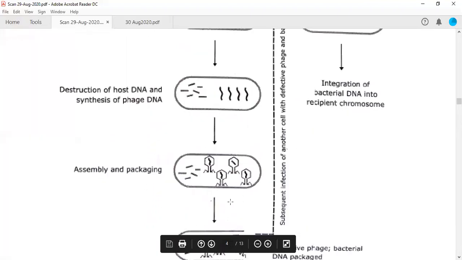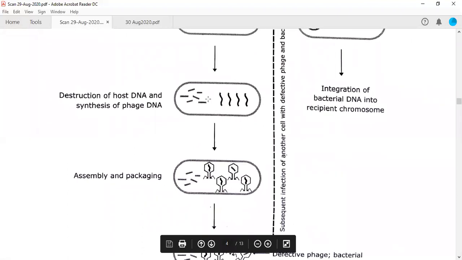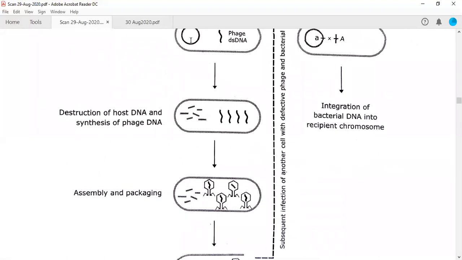Now you will note that when the assembly takes place, I want to zoom in because this is important. Suppose you remember these rods are actually bacterial chromosome fragments, whereas this viral double-stranded DNA is making its copies, meaning after replication it will make more copies.